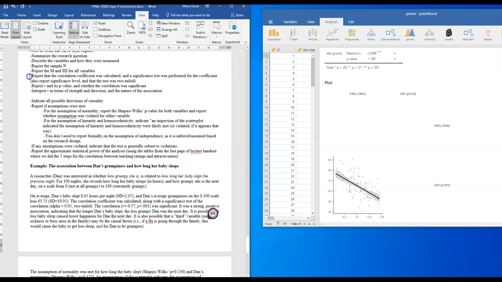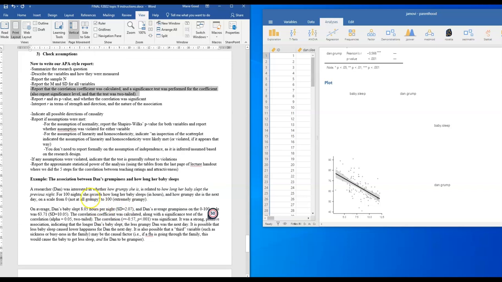Now you're going to do this part here. So you're going to say the correlation coefficient was calculated along with a significance test of the correlation. Just as before, you're just reporting what test you used and your significance level and whether it was one or two-tailed. Now, for the most part, as I said in lecture, when you're looking at a correlation analysis, you are going to be doing a two-tailed analysis.